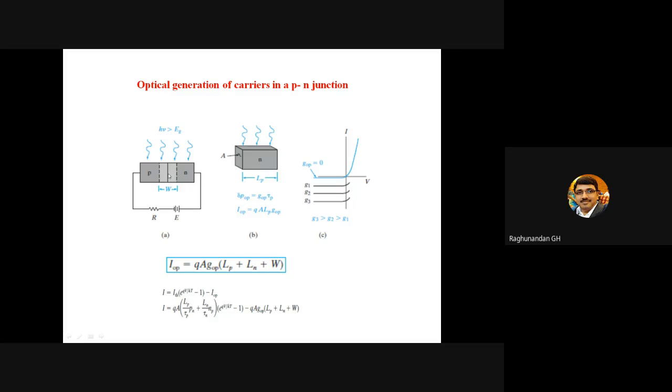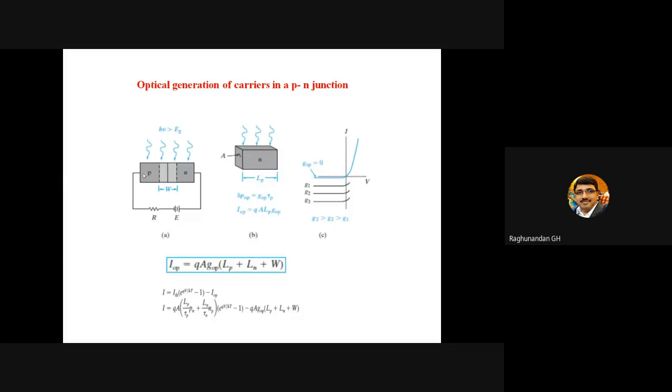Because of that, they start flowing. Electrons have to flow towards this direction. They get energized and start flowing. In the n layer, holes are the minority charge carriers, and in the p layer, electrons are the minority charge carriers.